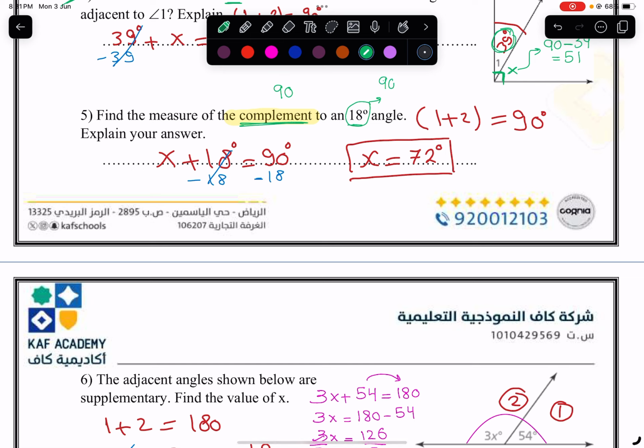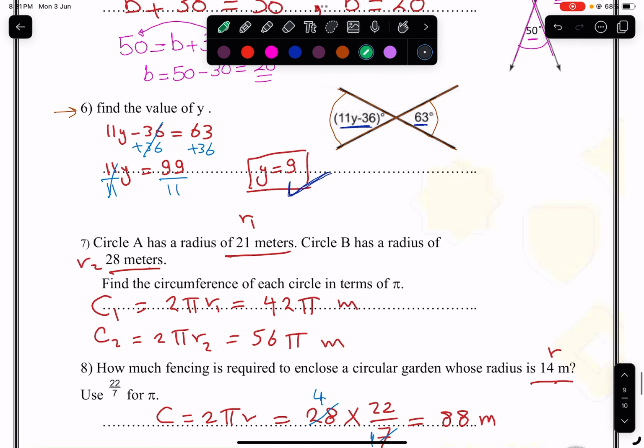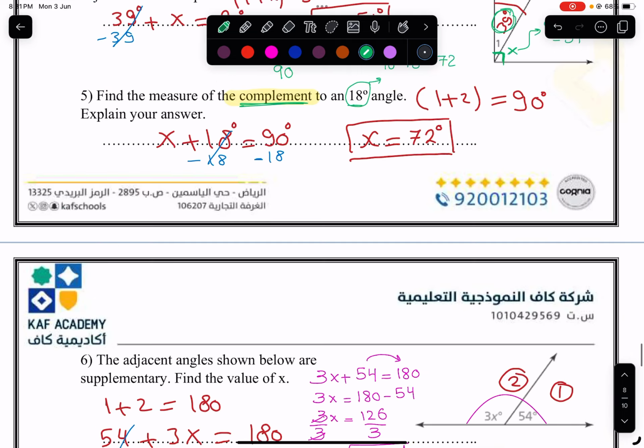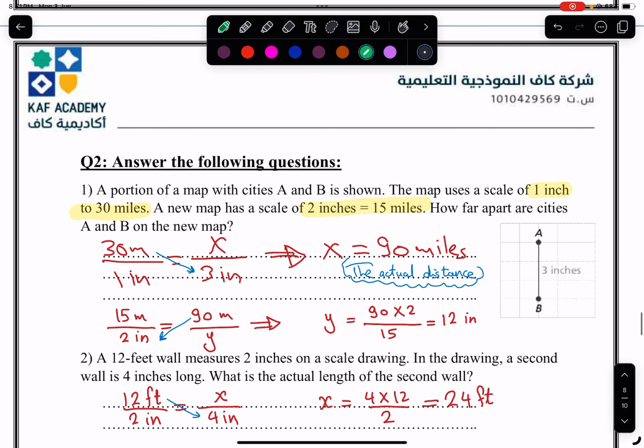So 90 minus 18 is 72. So any complementary angle is 90 minus the angle you have. I think we finished this part.